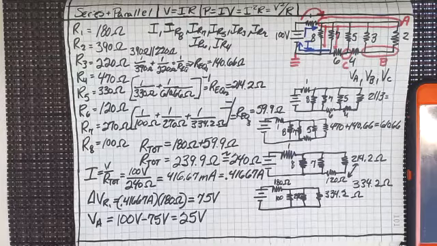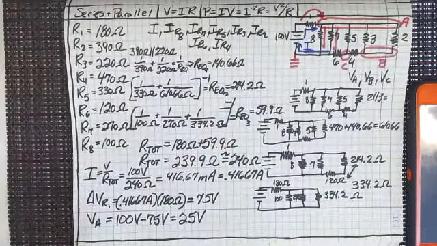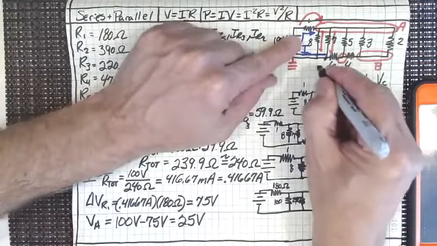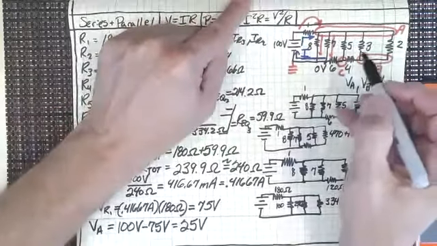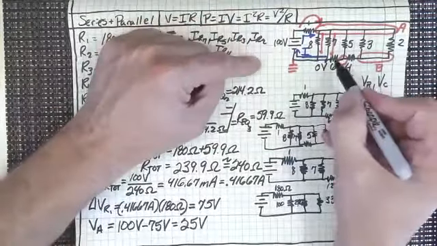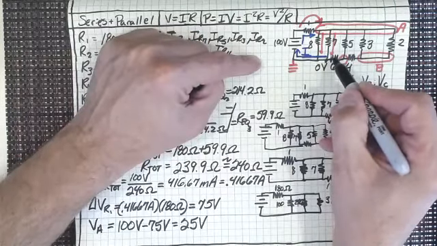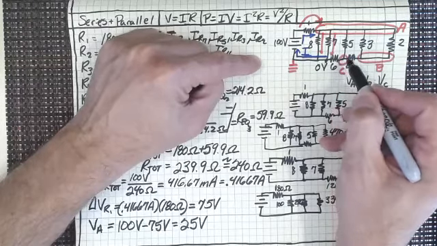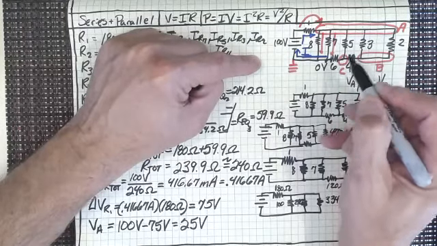So what we want to do is, if we look down here at the bottom, we know that I've got 0 volts right there. We don't know what the current flowing through 6 is, but if we did know what the current flowing through 6 is, we could figure it out anyway.